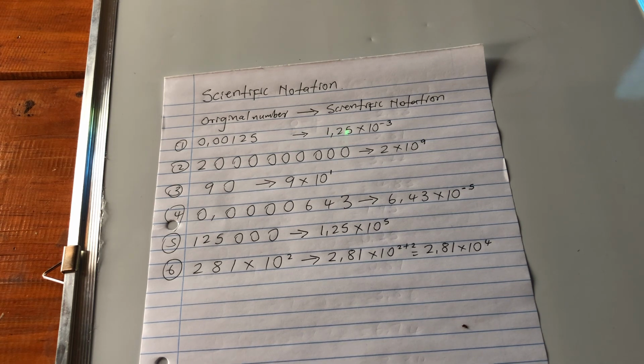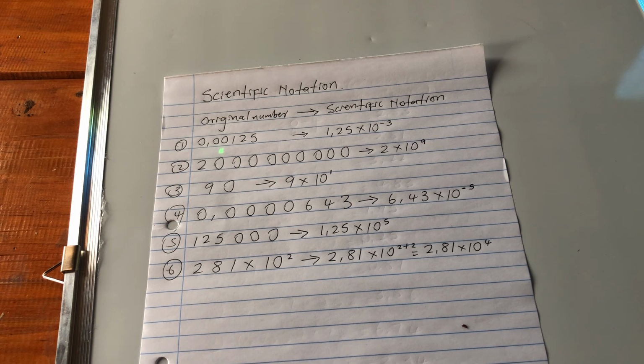1,25 multiplied by 10. But something has happened here. This 10 is carrying something. Why is it carrying minus 3? It is carrying minus 3 because we are shifting this point to the right.